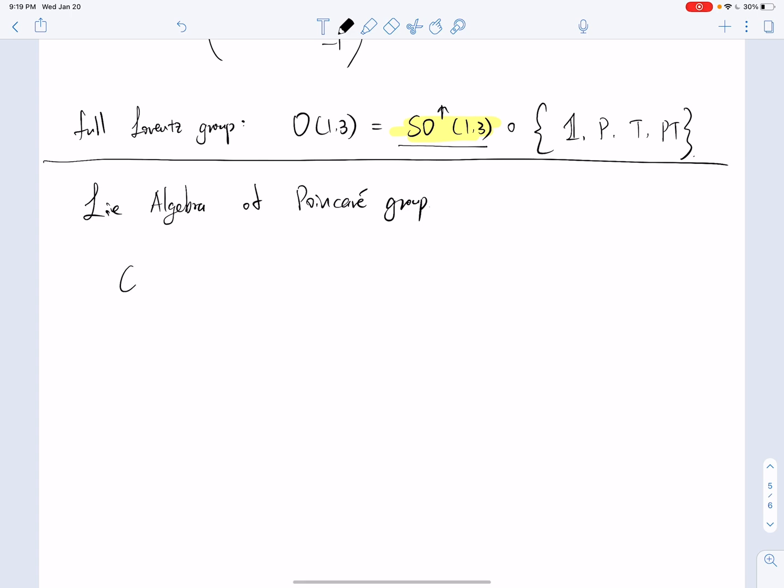So first, let's consider an infinitesimal transformation around the origin, which is the identity.